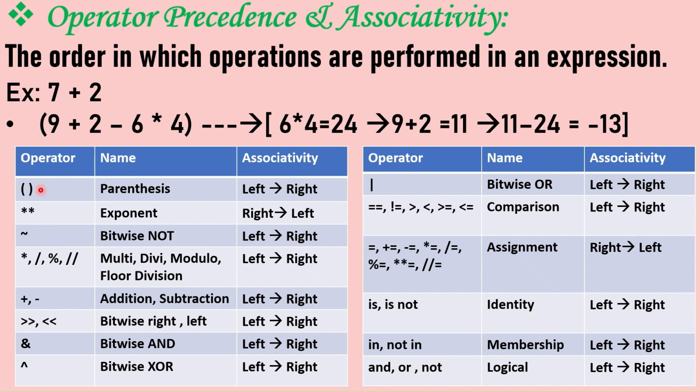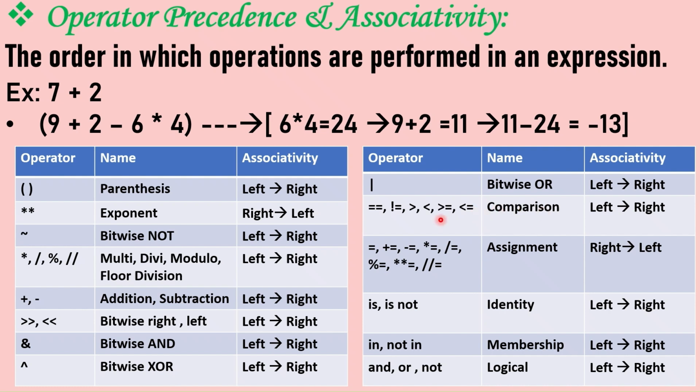Similarly, after these, we have the mathematical operators that include multiplication, division, modulus, and floor division, following the same associativity as above. Then addition and subtraction have the next priority, followed by bitwise right shift, bitwise left shift, bitwise AND, bitwise XOR, bitwise OR, and then the comparison operators.